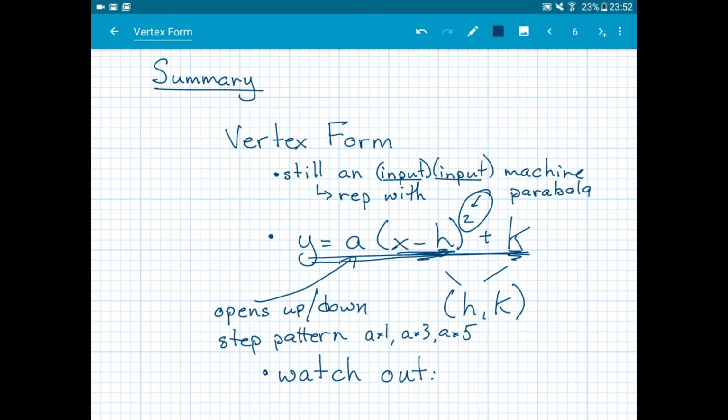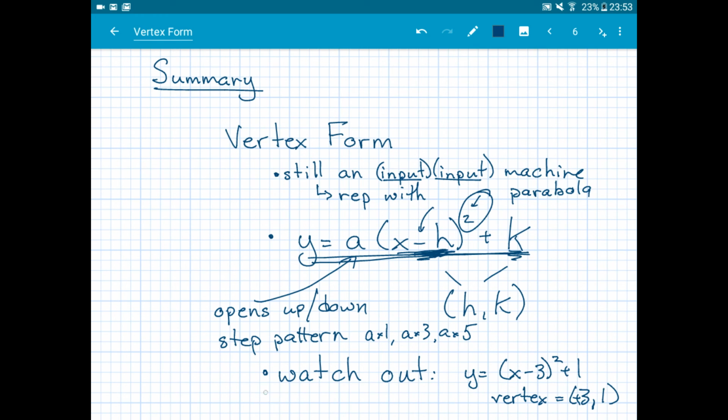Now, the only thing to watch out for is oftentimes people make a mistake about the sign here. Because this is a negative, if you have a negative h, so say -3, where the vertex is at -3, a negative and a negative will make this a positive. And so watch out. If you have y equals x minus 3 squared plus 1, then the vertex would be at 3, 1, positive 3, 1, right?